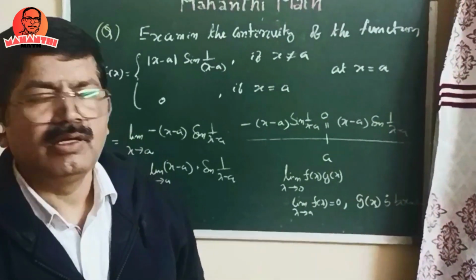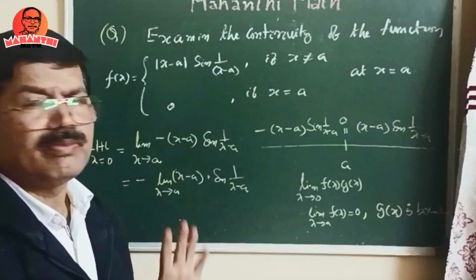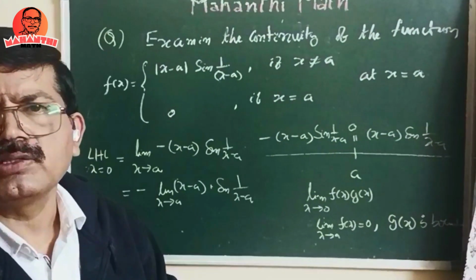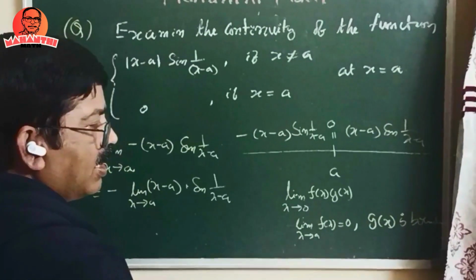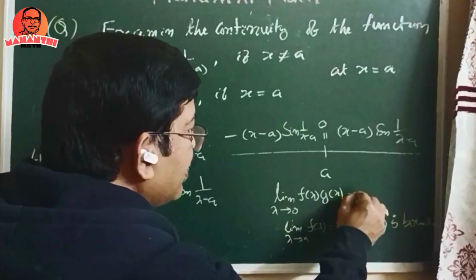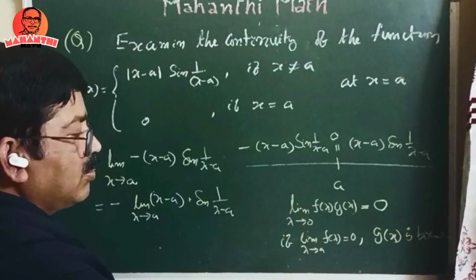For example, the sine function: sine of whatever it may be always lies between minus 1 and 1. So it is a bounded function. When the second function is bounded and the first function's limit is 0, then the limit of the product will be 0.